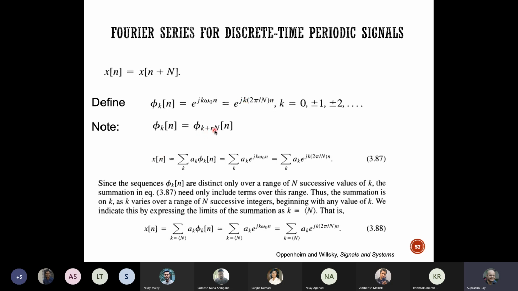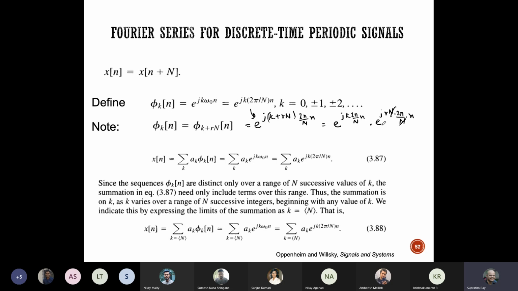So if I add k plus rN, what do I get? I get e to the power j (k plus rN) 2 pi by N n, which is e to the power j k 2 pi by N n multiplied by e to the power j rN 2 pi by N n.